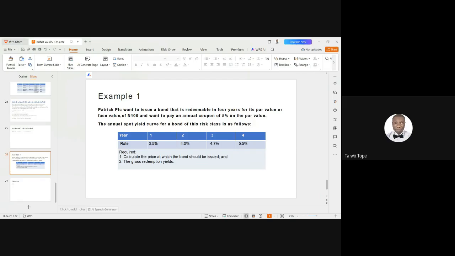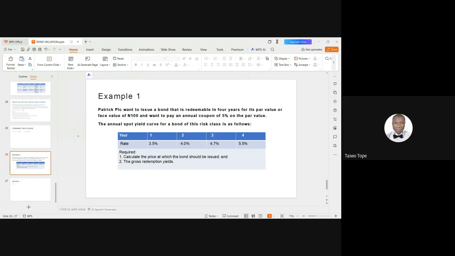All right, so please let's read the question and see what they want us to do. The question says calculate the price at which the bond should be issued. From our explanation, when we are asked to calculate the price, what are we expected to do? To calculate the present value, the PV, based on the spot yield curve.